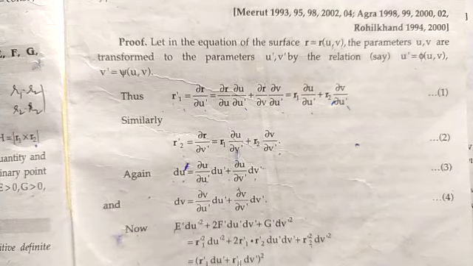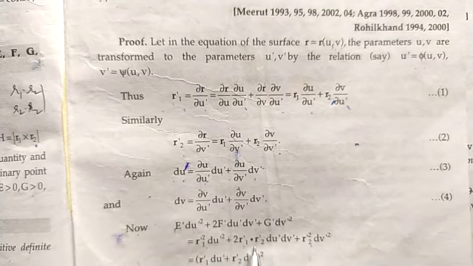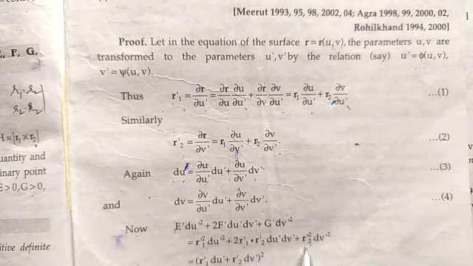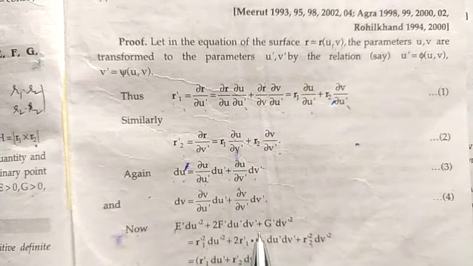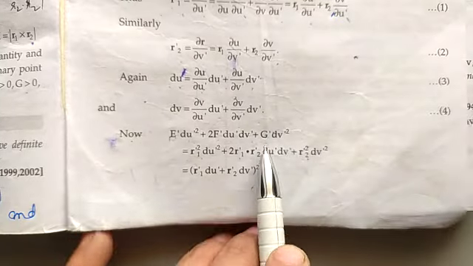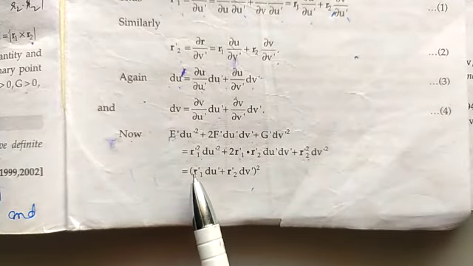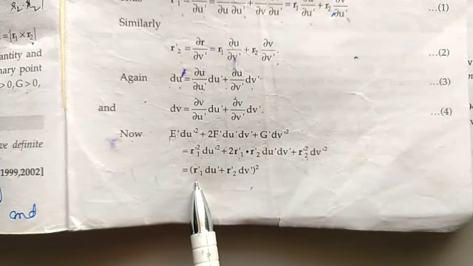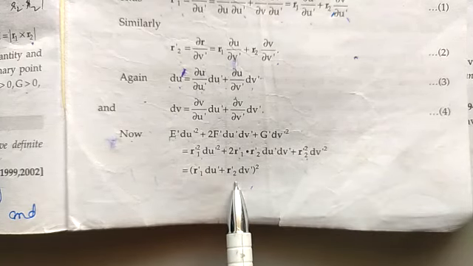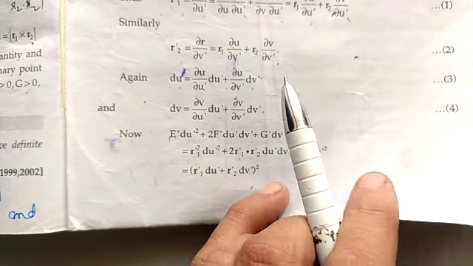F dash is r1 dash dot r2 dash. G dash is r2 dash dot r2 dash. So substituting the values of E dash, F dash and G dash, we get the value in the form of a whole square. So this is (r1 dash du dash plus r2 dash dv dash) whole square.